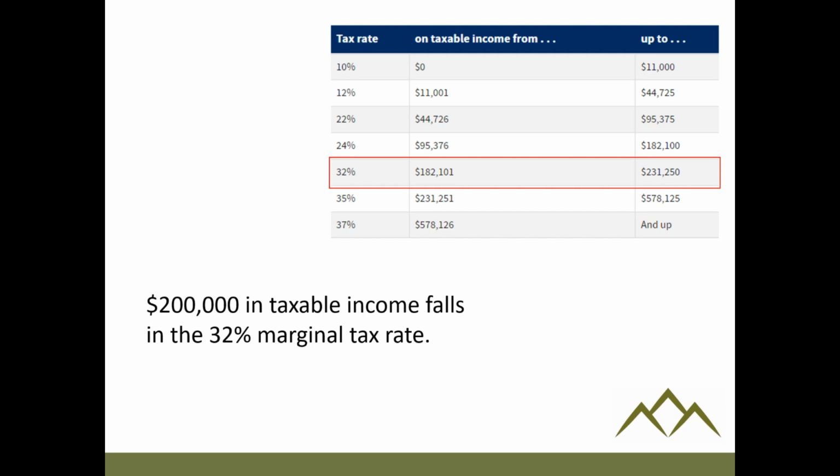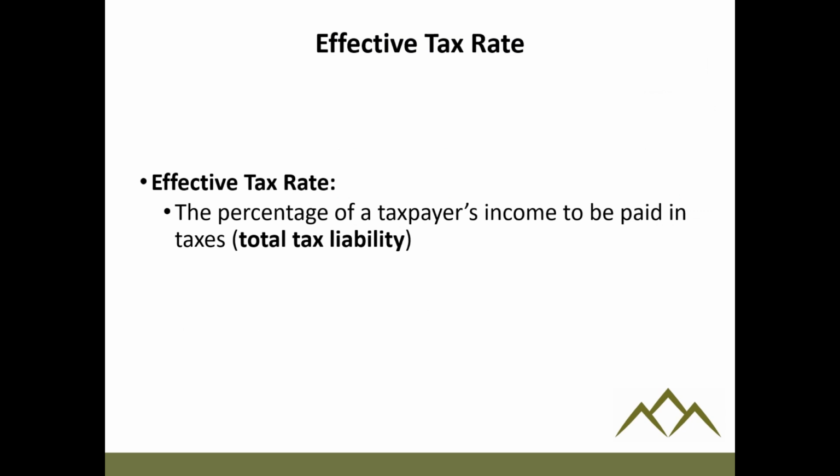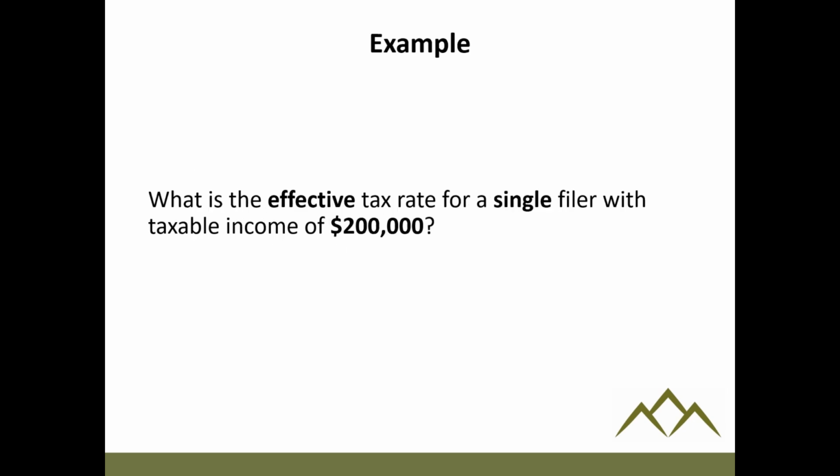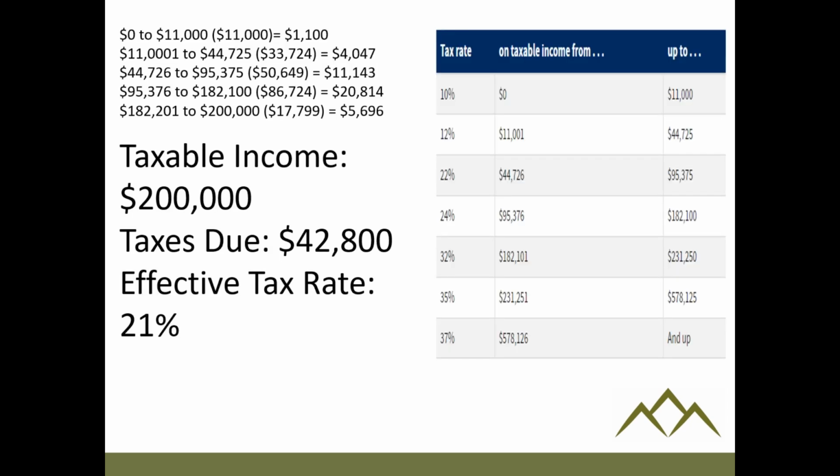If we go into how the effective tax rates actually work on our next slide, this is the percentage that you actually end up paying. In this example, what is the effective tax rate for a single tax filer who made $200,000? I've included a lot of math, but that's just to illustrate. You see that from 0 to $11,000, they're paying 10%.